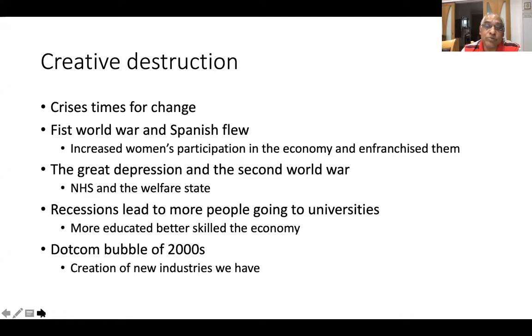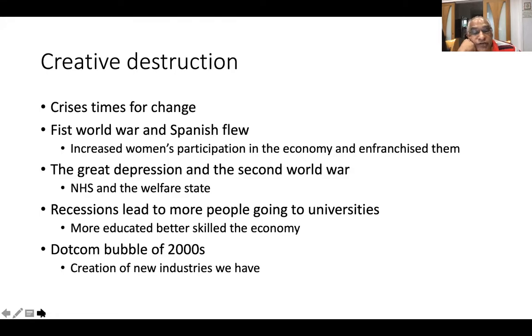Of course, the suffragette movement was there, but a crisis and the shortage of labor at that time gave a push to it. The Great Depression and the Second World War were also crises that led to the creation of the NHS and the welfare state, along with other factors.